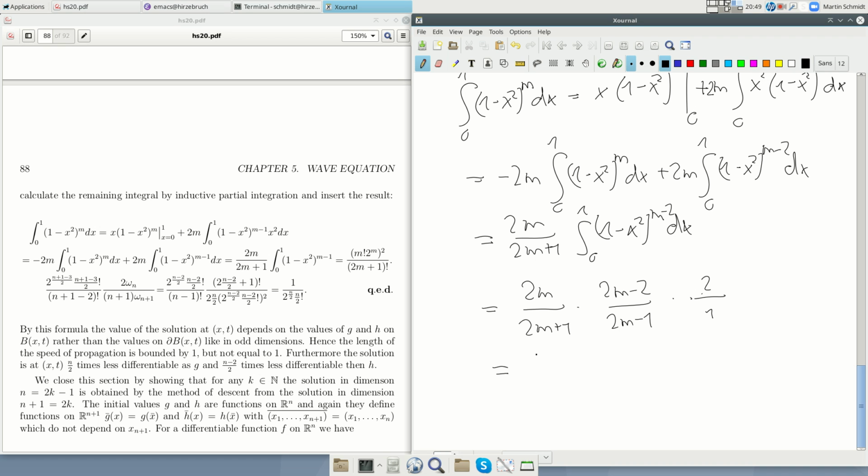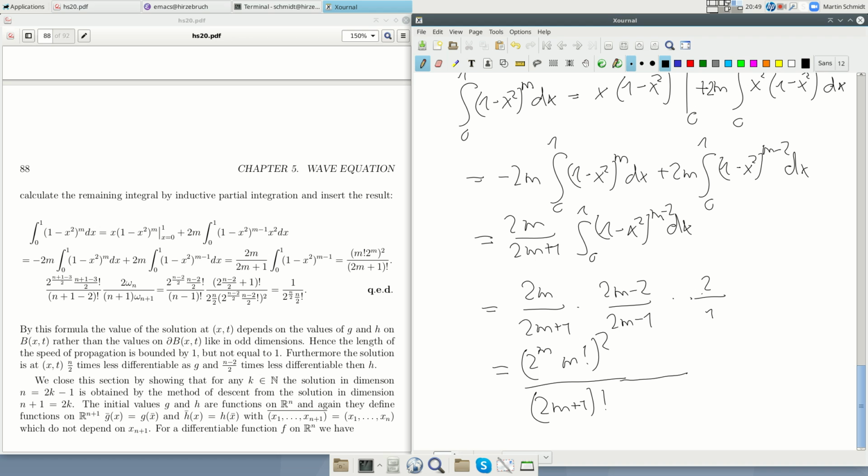So we may write this as 2 to the power of m times m factorial divided by, and then we have here again 2m plus 1 factorial, but then we have these factors we have to multiply out. So this is our result for this integral.